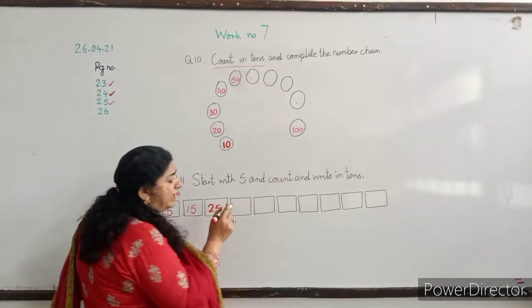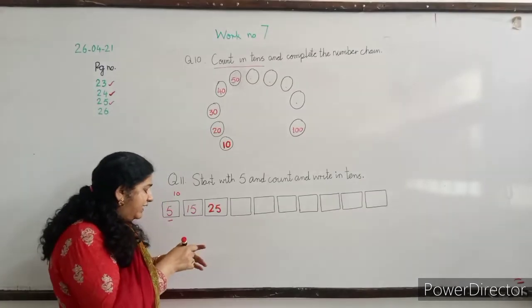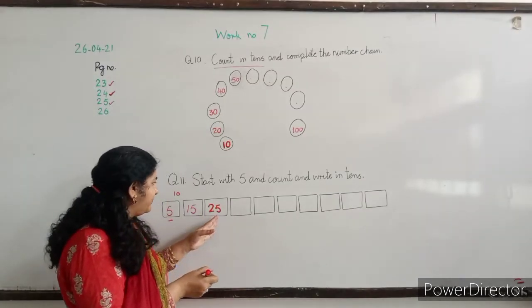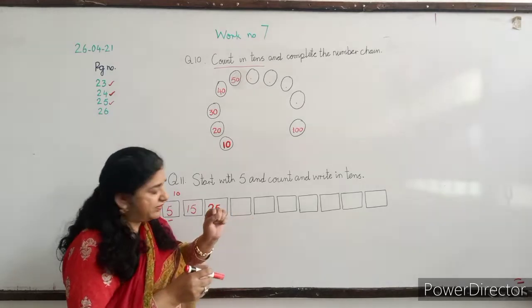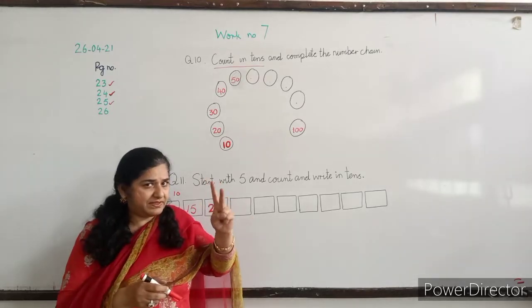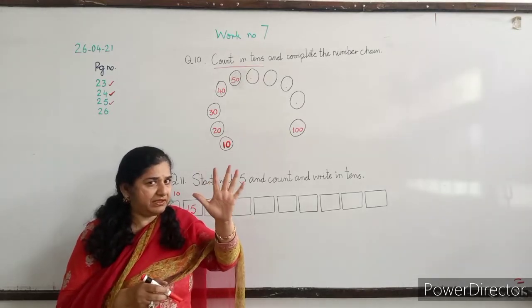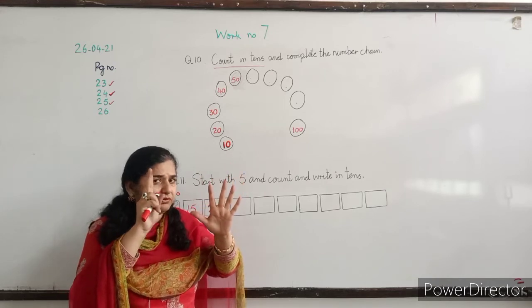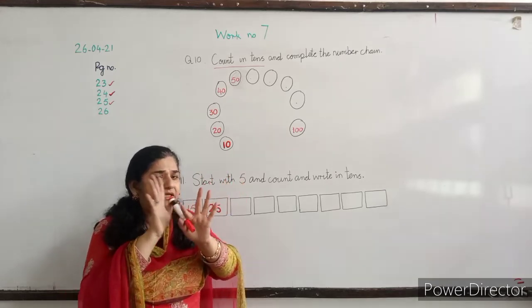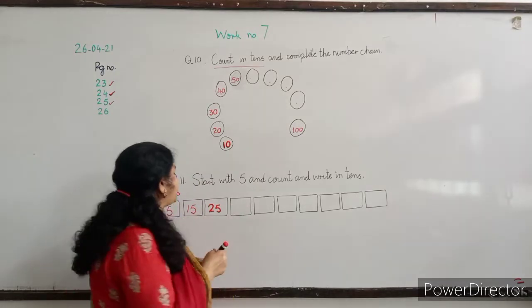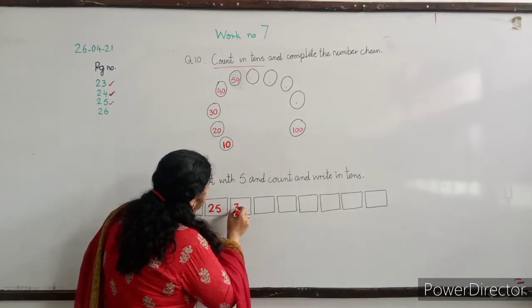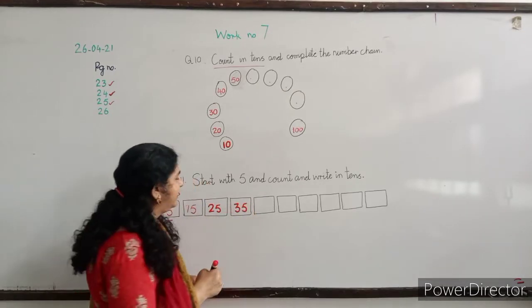Now we will count in tens. Right? Now from 25. See, 26, 27, 28, 29, 30, 31, 32, 33, 34 and 35. So look here, it is 35.